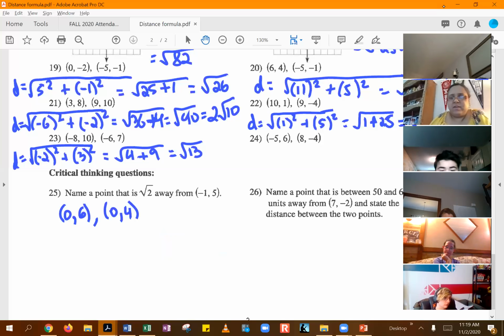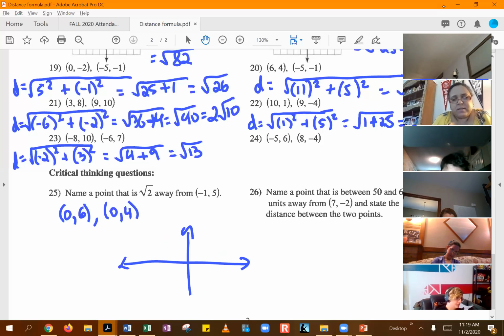Did anybody have a different point or a different strategy than what Katie is talking about? So if you think on the number line, you've got -1, and what's that other point? +5.